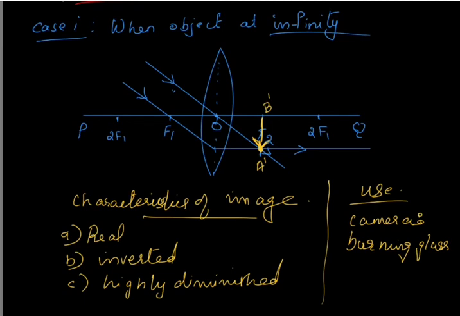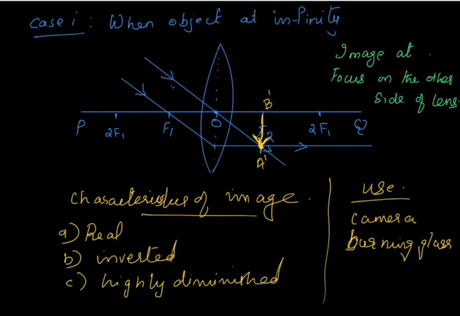So you can concentrate the rays of the sun or heat on a particular point, which is the focal point, for getting heat or for burning purposes. Okay, so the two uses are, it can be used in a camera, and also it can be used as a burning glass.